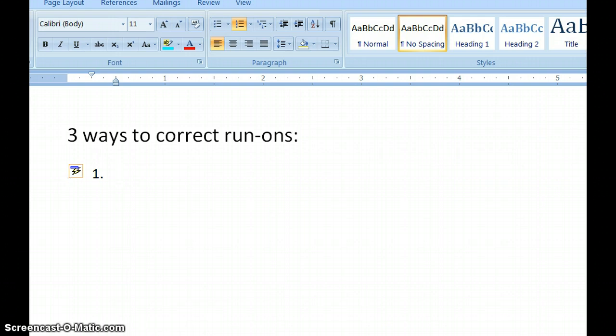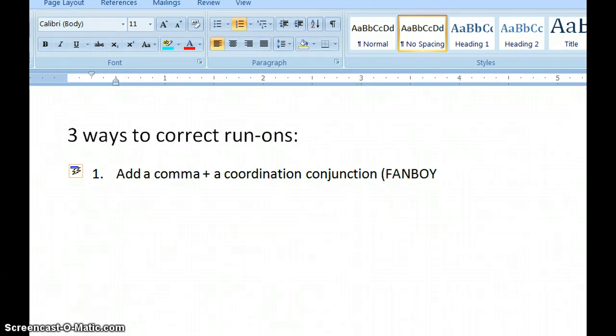It was to add a comma plus a coordinating conjunction. And if you don't know what I'm talking about, that's going to be your fanboys: for, and, nor, but, or, yet, and so. They are all coordinating conjunctions.